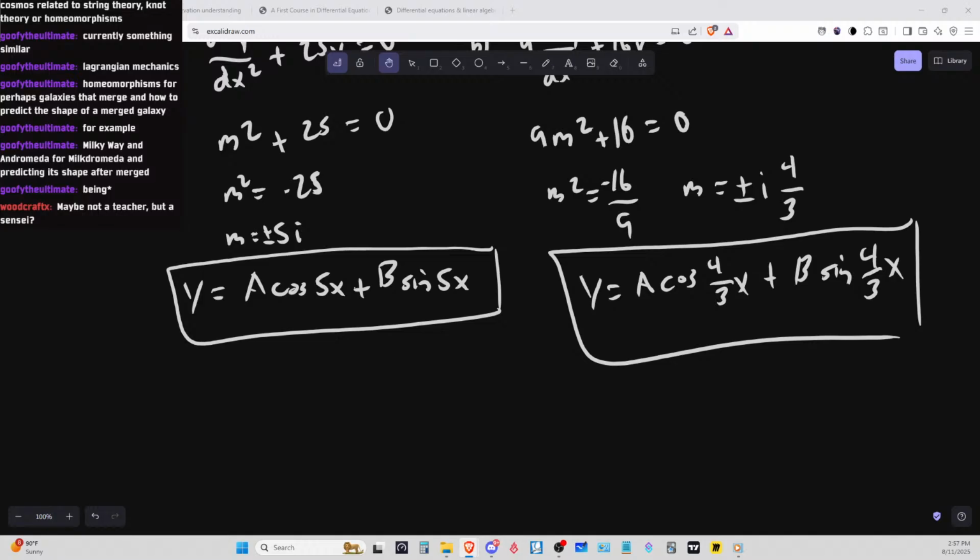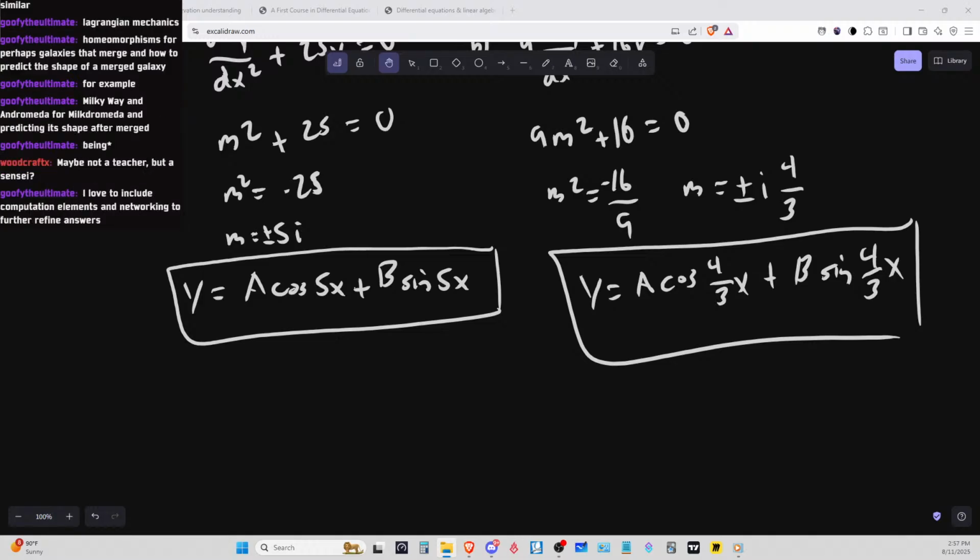Do I have it here somewhere? Probably not. I have to look for it. Integration formula sheet, differential formula sheet.